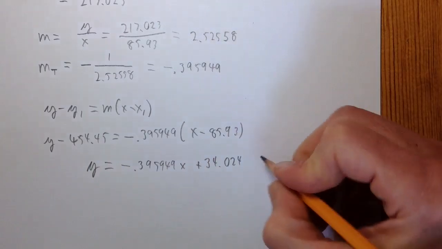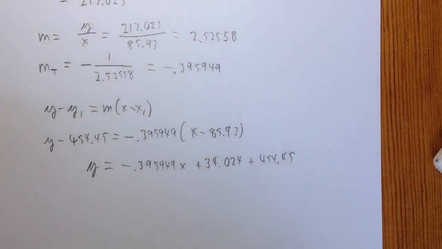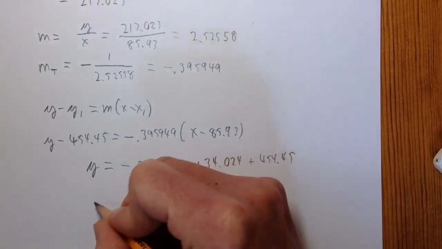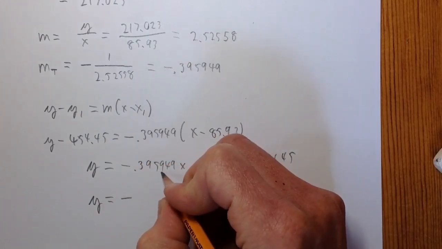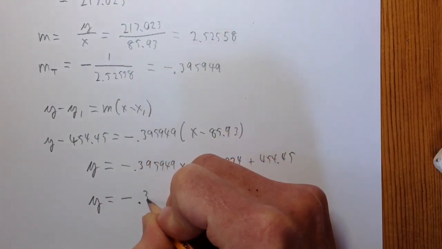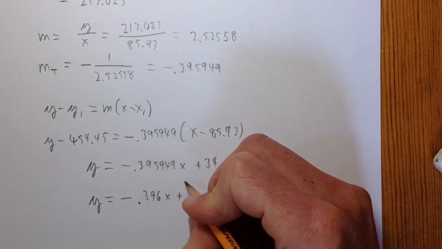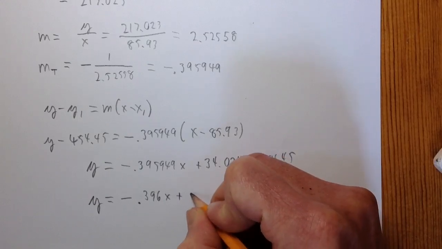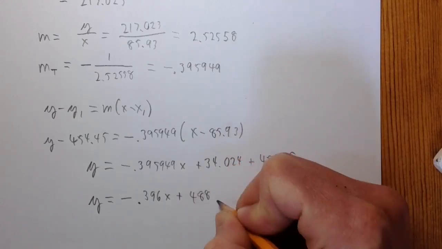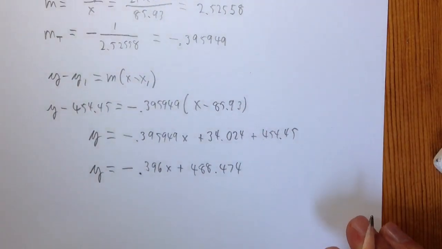Adding this to that side, so plus 454.45. We finally get that the equation of the line is negative, and I'm going to round off to 3 here, so negative 0.396x plus, I'll round off to 3, 48.474. And that is the equation of that line.